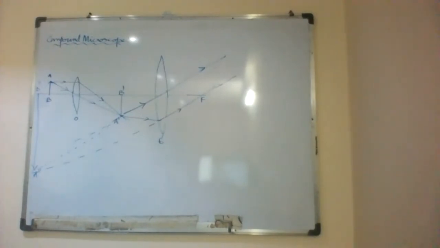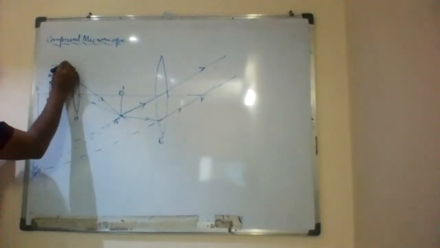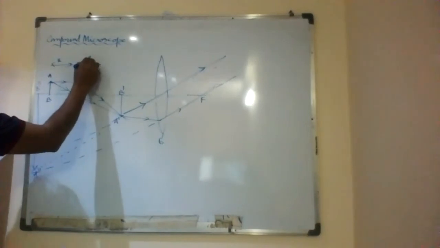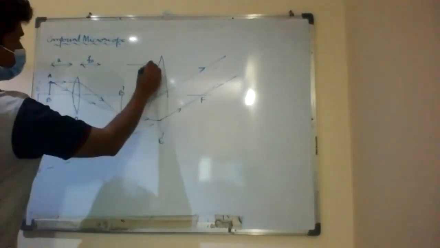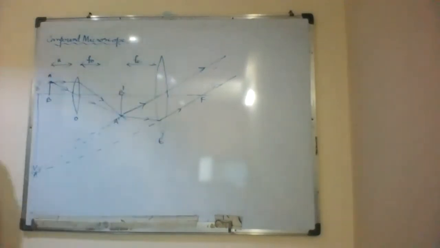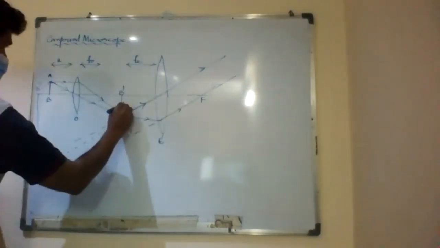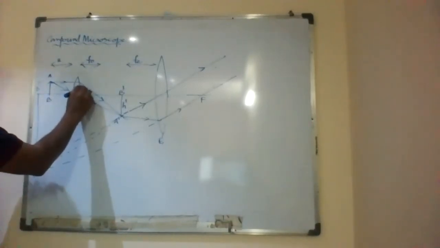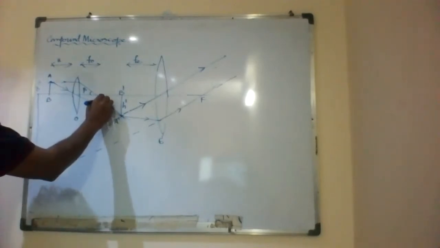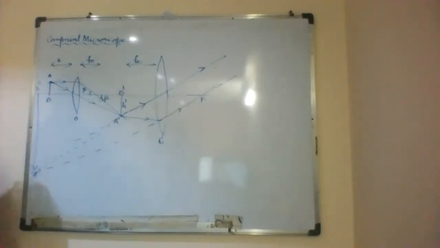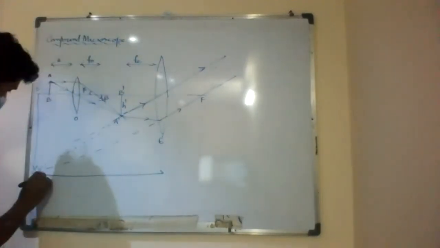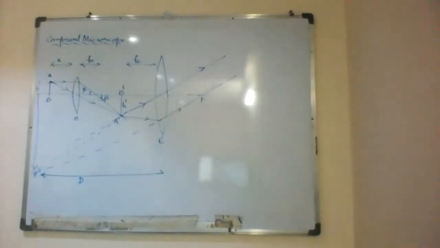This is U. This is FO, focal length of objective. This is FE, focal length of eyepiece. This is H dash. This is beta. This is also beta. Okay. That's it. And this is B.